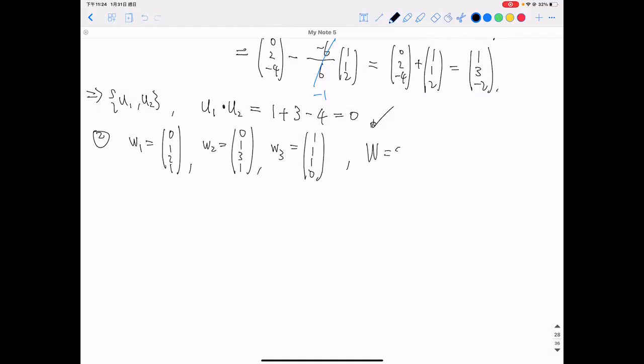And W is the span of these vectors. This is a subspace of R4. Okay. So first things first, we still have to check that these guys, W1, W2, and W3 form a basis of W. They already span W, so we need them to be linearly independent.